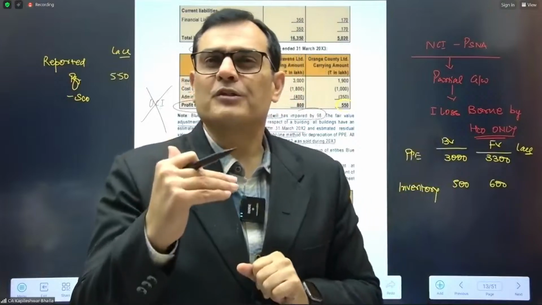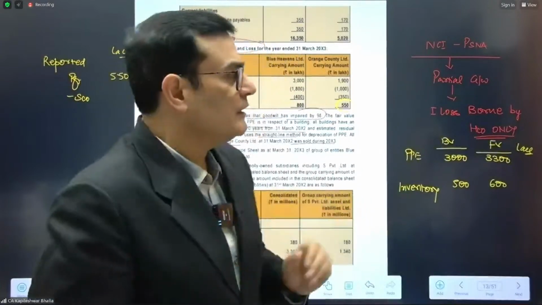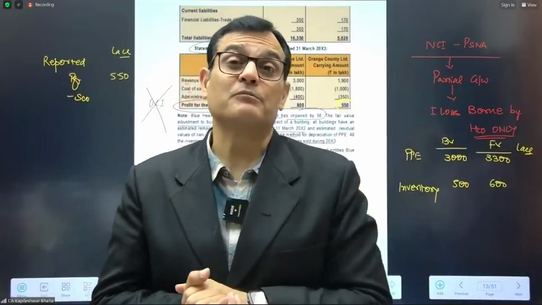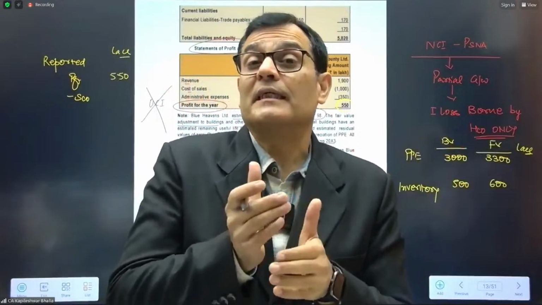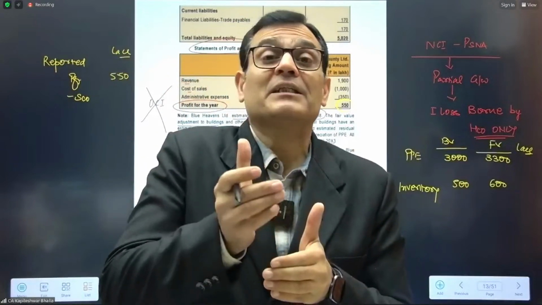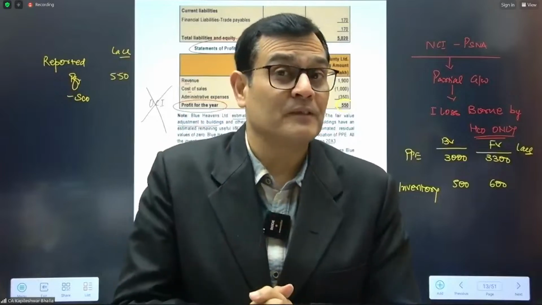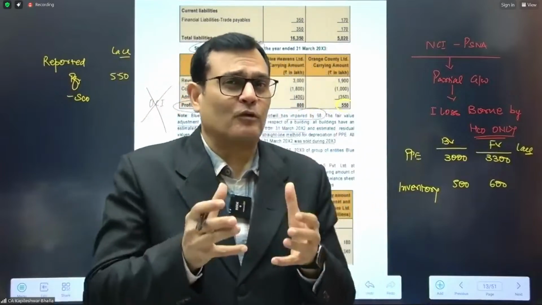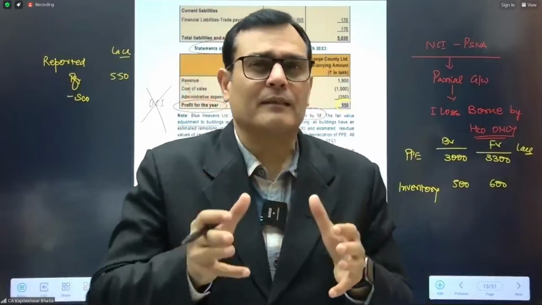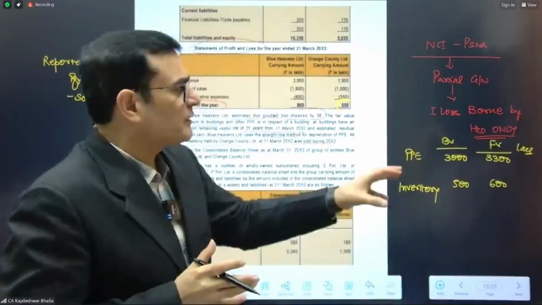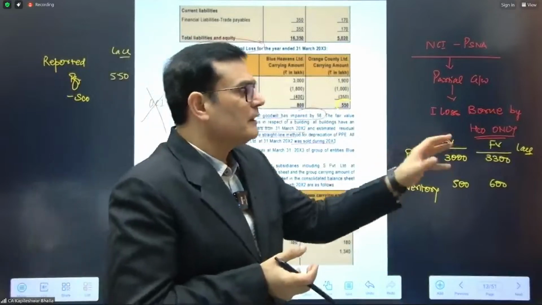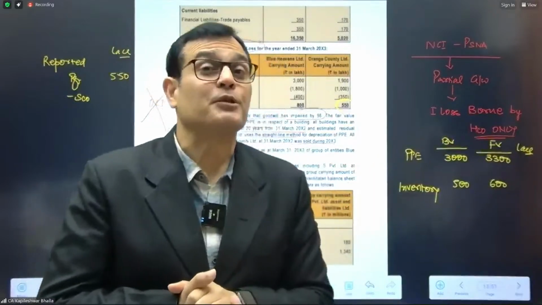But for the purpose of consolidation, you've taken the fair value of this PPE. So the consolidated income statement should also consider the additional depreciation. So when you calculate the NCI share in the profits of the subsidiary, you can't take the reported profit, which is after considering the book value of the asset. You need to consider the impact of the additional depreciation as well.